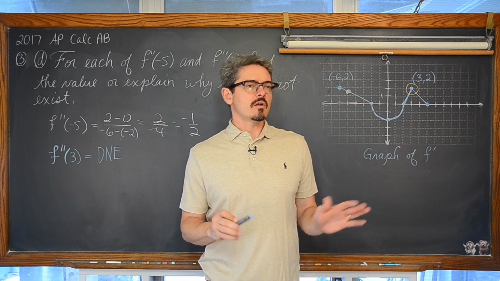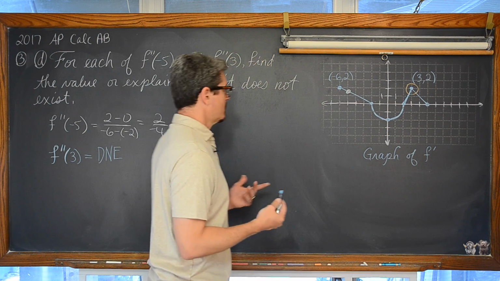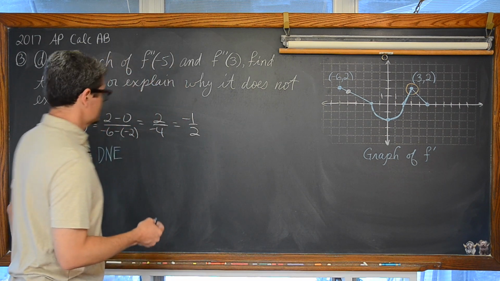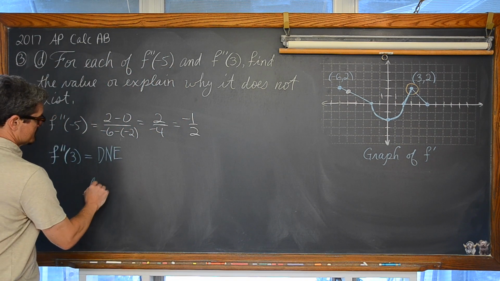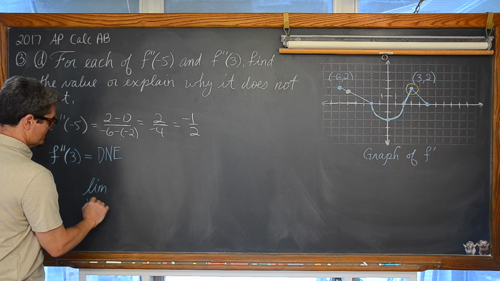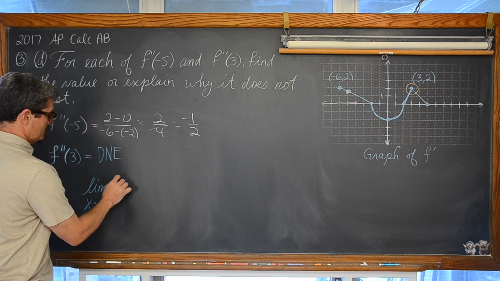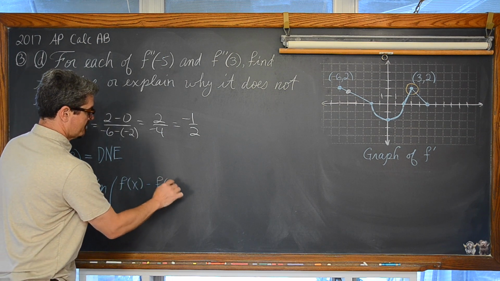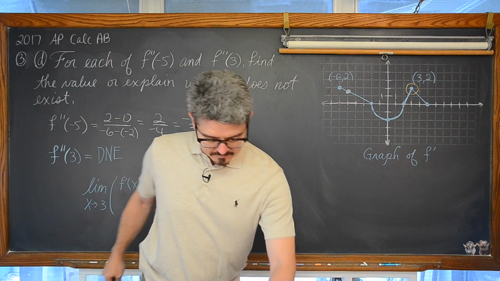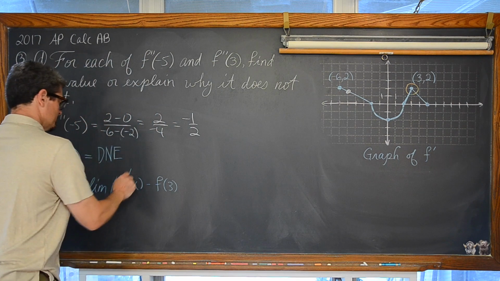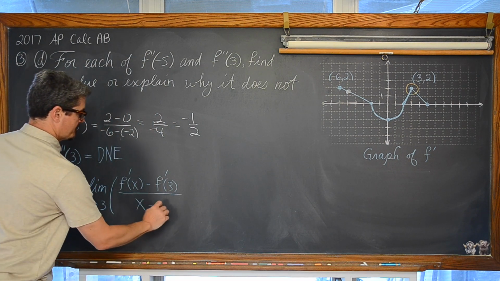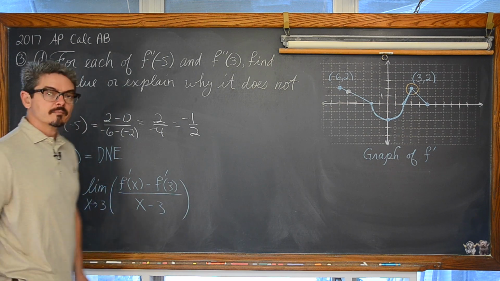I think a long time ago it did, but now they're going to want to say, okay, hey, basically what you want to figure out is what's the limit as x approaches 3 of f of x minus f of 3, well, f prime, we're not finding the slope of a function, but the slope of the derivative, over x minus 3.